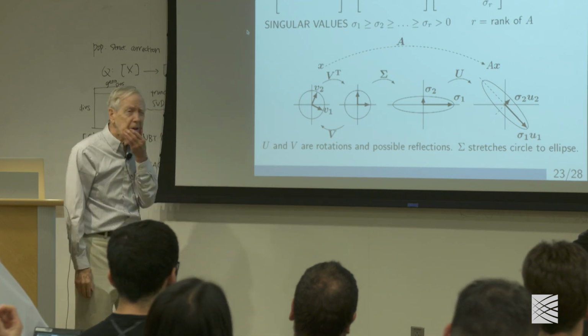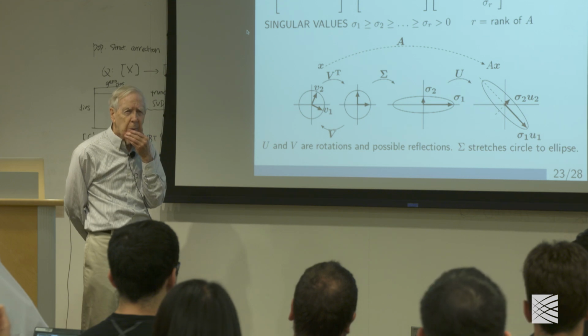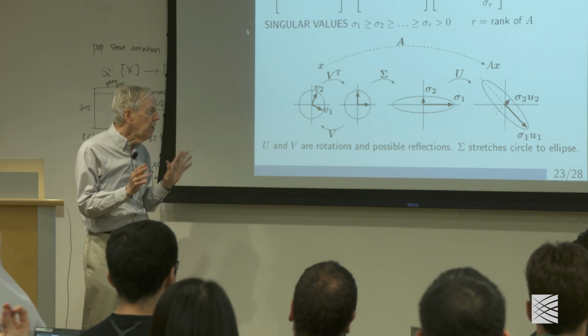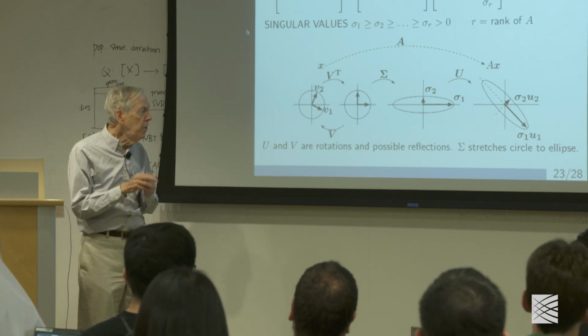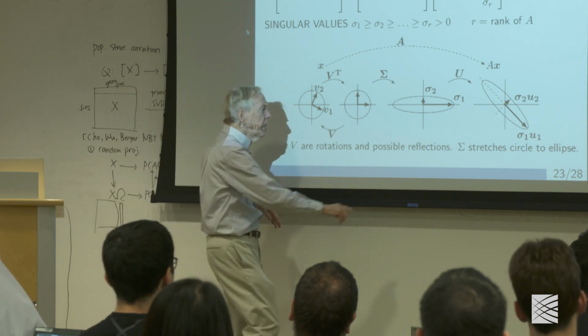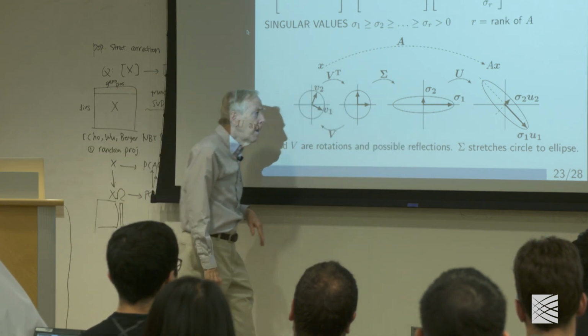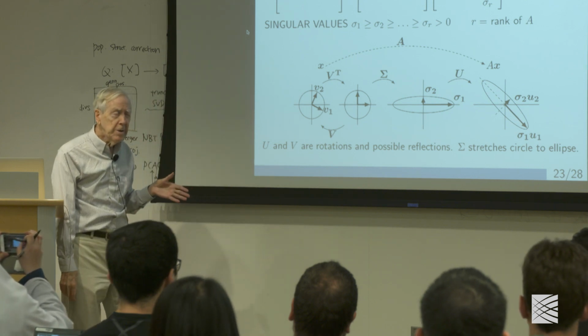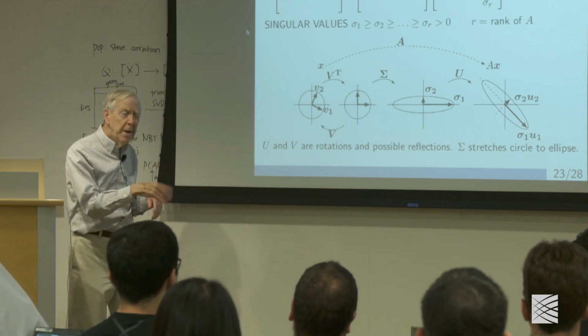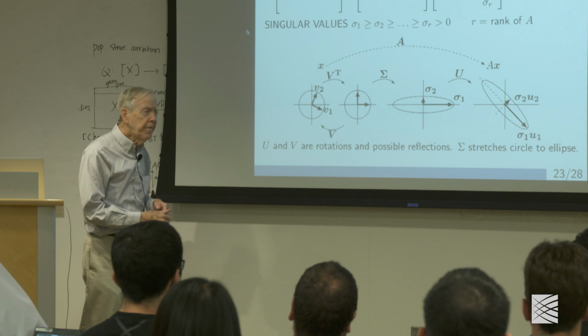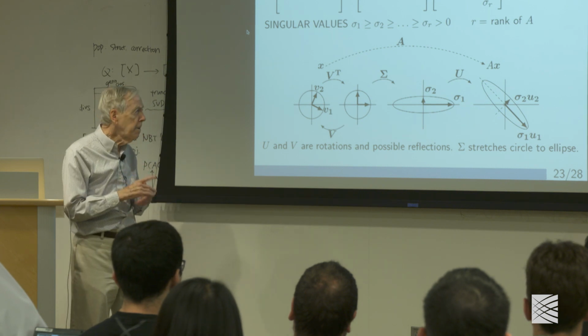So that's the SVD. That's the right way to look at a matrix, because what do you do now? You take the large singular values with their singular vectors, and you throw away the little ones if you've got data. So that's the key point.